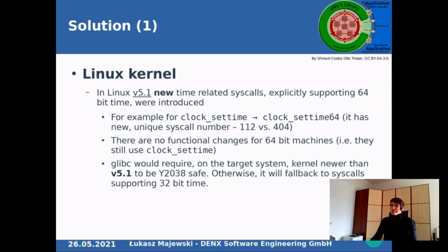Otherwise, glibc itself will use fallback code to use the old syscalls. Such a system will be working correctly until the year 2038 overflow time. So to sum up, the Linux kernel is well prepared for the year 2038 issue.